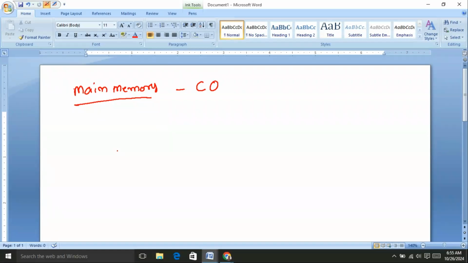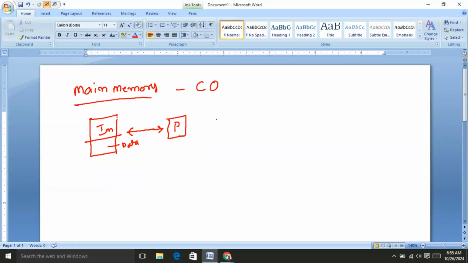We know that the main memory is an essential component of the computer to store both instructions and data. So the processor can access anything to process and to store the result again in the main memory.